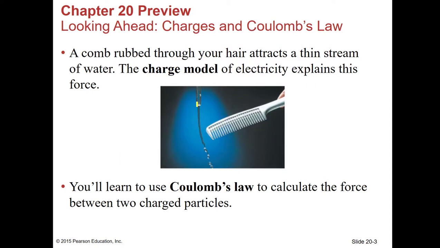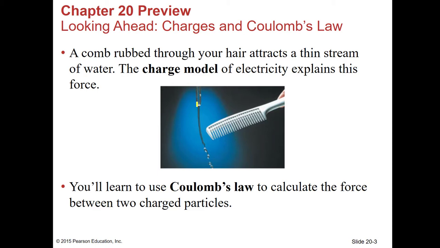So looking ahead, we're going to look at charges and Coulomb's law. It turns out that particles that have charges, plus or minus charge, are either attracted or repelled from each other. And Coulomb's law will let us figure out how much the force between charged particles might be. A comb rubbed through your hair attracts a thin stream of water, and you can actually try this at home.